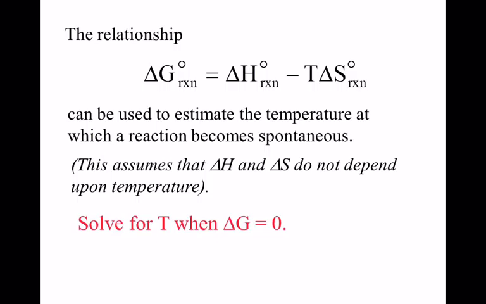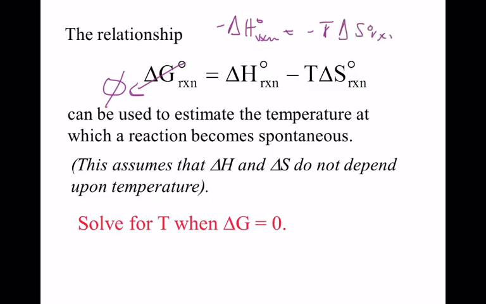So if we set this to 0, then what that gives you is negative delta H Rxn is equal to negative T delta S Rxn.